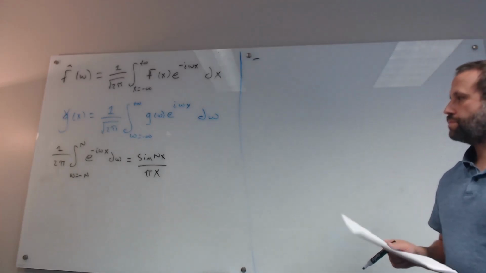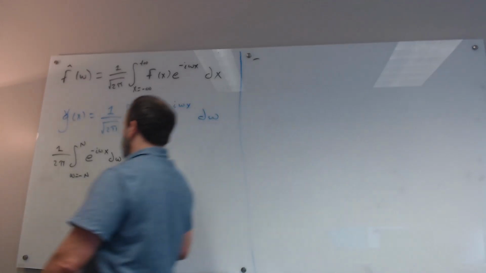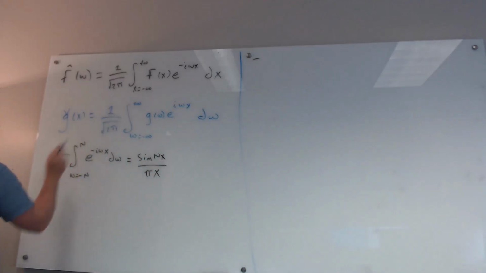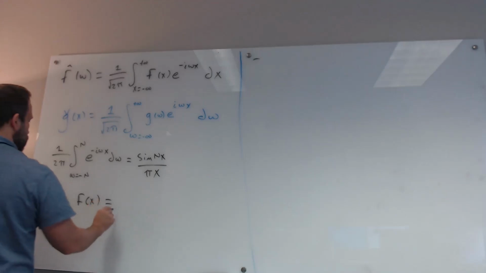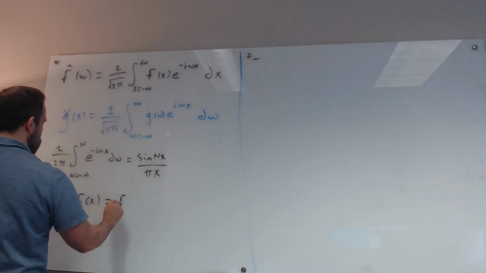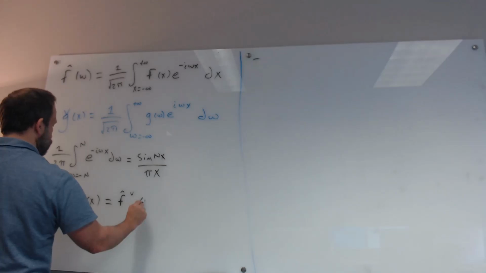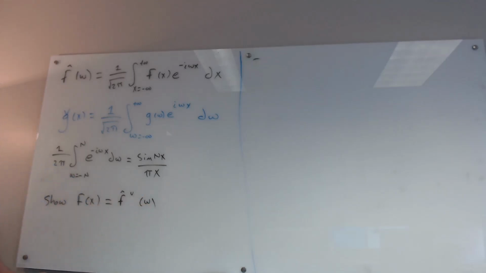Okay. And so now what I want to prove, what I'm going to show over there, is that f of x is equal to the inverse Fourier transform of the Fourier transform of f.